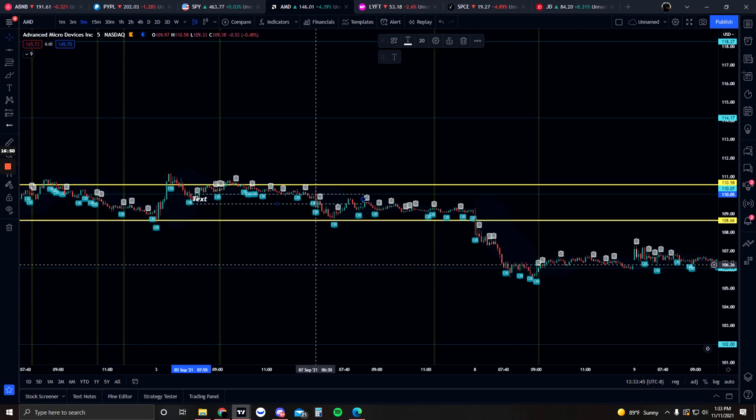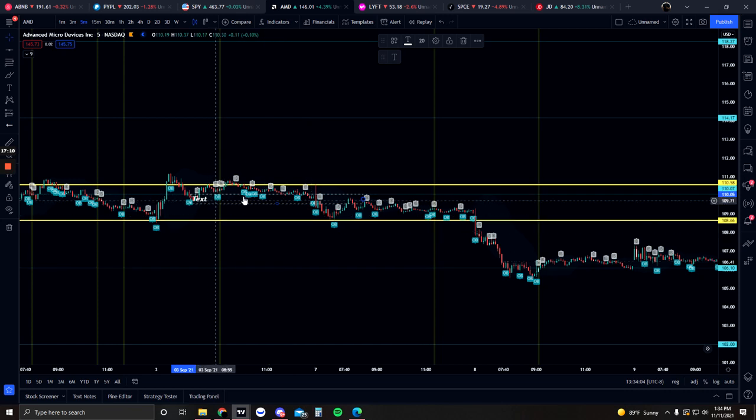So when you said trade the inside bar, what happens if the next day turns into an outside bar? Okay, we'll get to that. Yeah, I'll save that question.